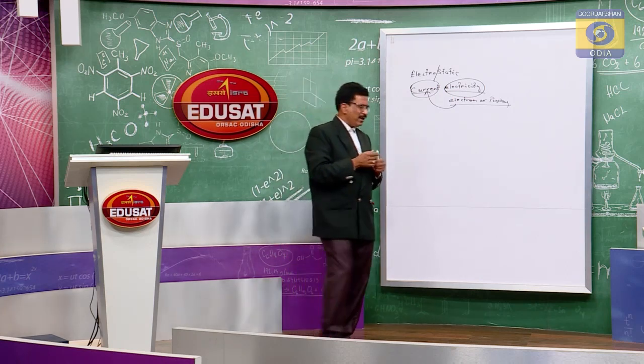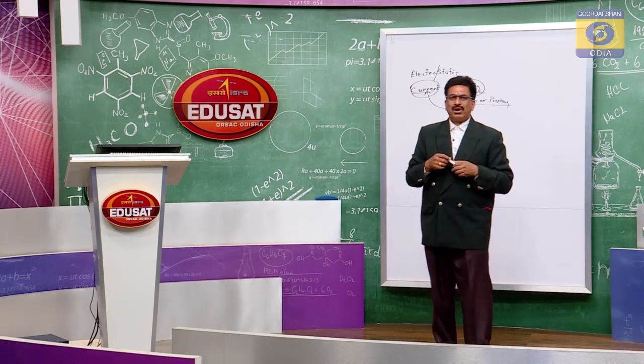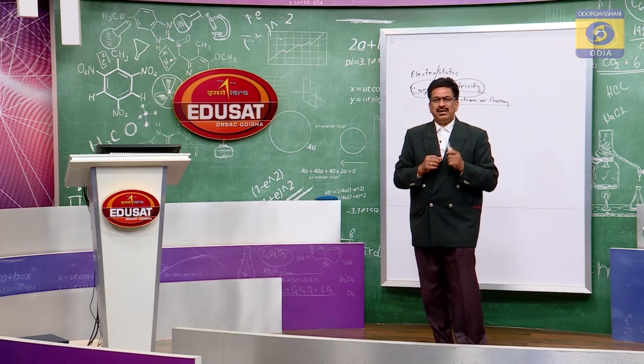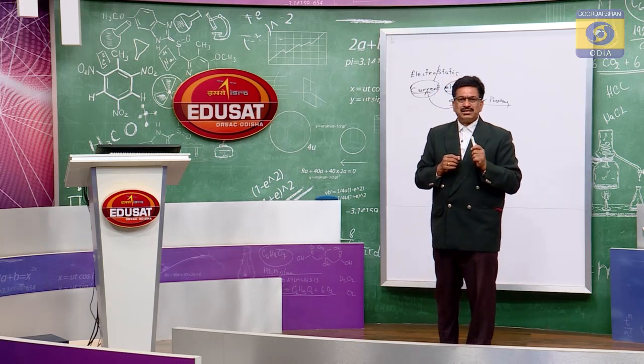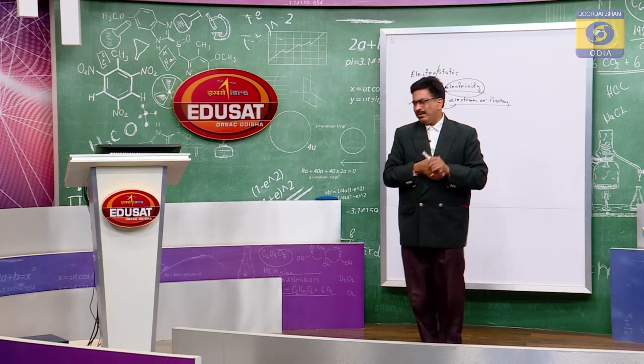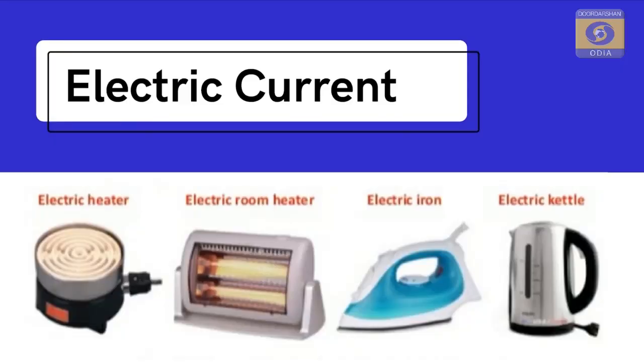This current takes an important role in our day to day life. Whatever instruments we use day to day for the ease of life are each concerned with the current, and if the current is not there, those instruments will not function. Let me give you some examples. On the screen you can observe very clearly an electric room heater, an iron, an electric kettle, a TV, a sound box.